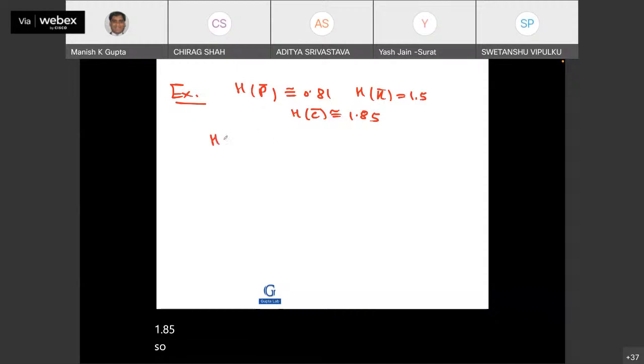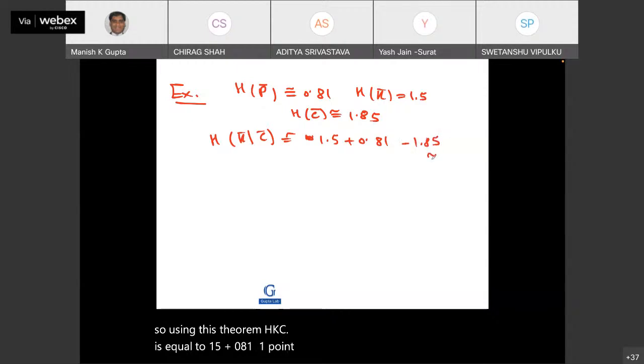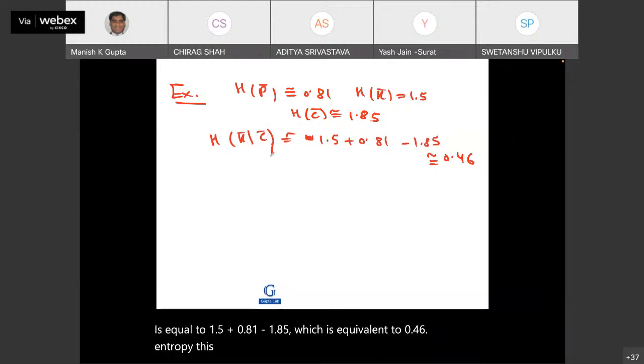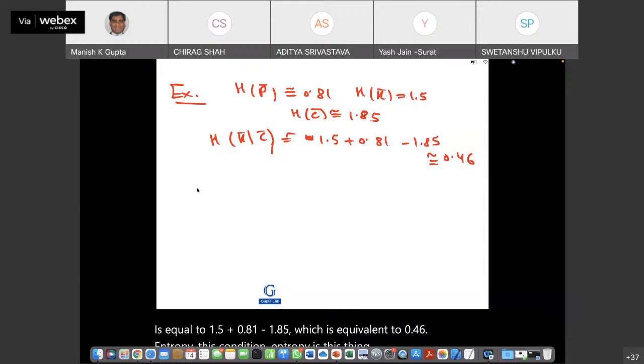So using this theorem, H(K|C) is equal to 1.5 plus 0.81 minus 1.85, which is equivalent to 0.46. This is the conditional entropy. In fact, we can verify this.